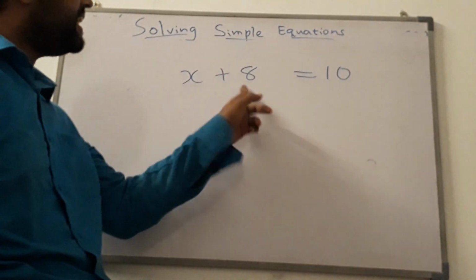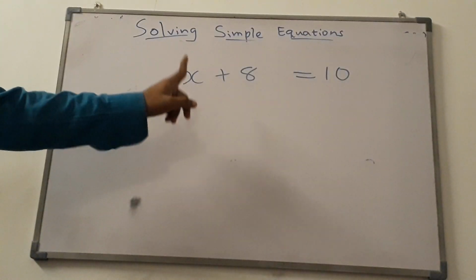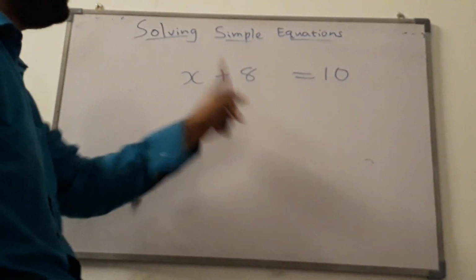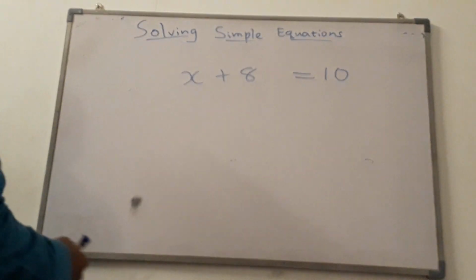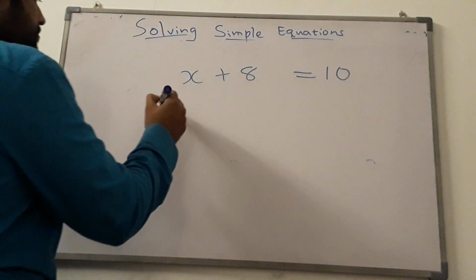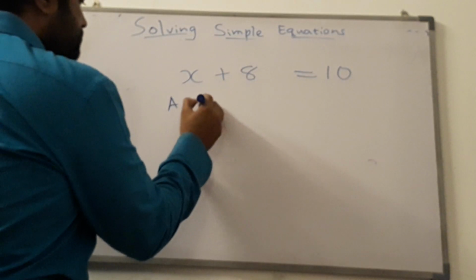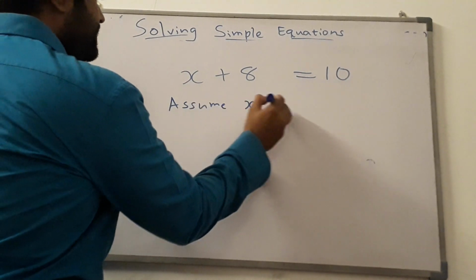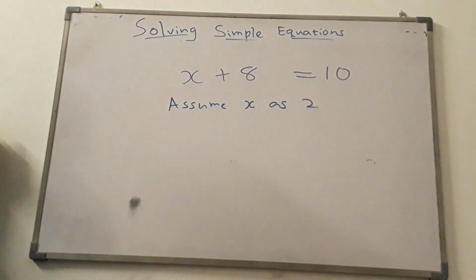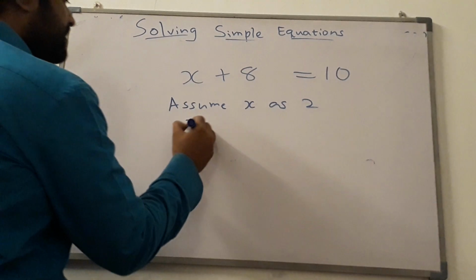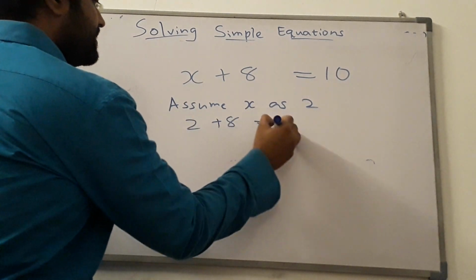Suppose x is 2, then 2 plus 8 is 10. So we can assume x as 2. Hence we can say 2 plus 8 equals 10.